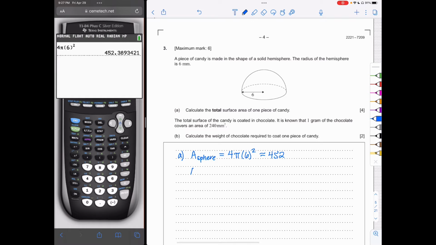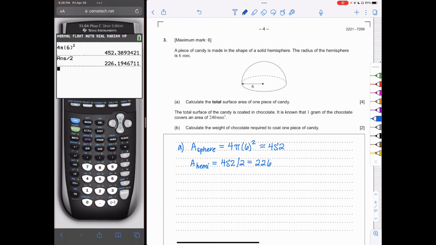So I should know that the area of a hemisphere is going to be half of that. So I could say about 452 divided by 2, which is approximately 226. Now, remember, that's only the curved surface. I need to find the area of the base. So I need to find the area of a circle here, and that's going to be equal to pi r squared.